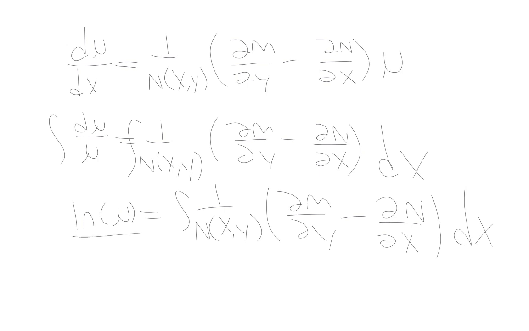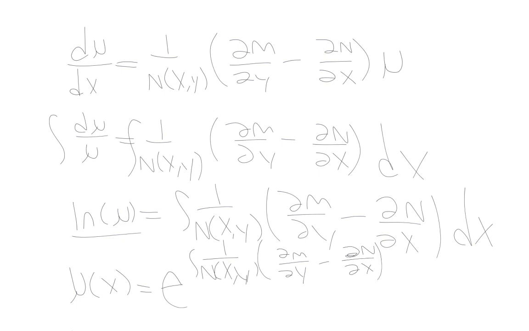So mu of x, lucky I have the space, equals e to the power of this integral: 1 over N of x,y times partial M with respect to y minus partial N with respect to x, times dx.